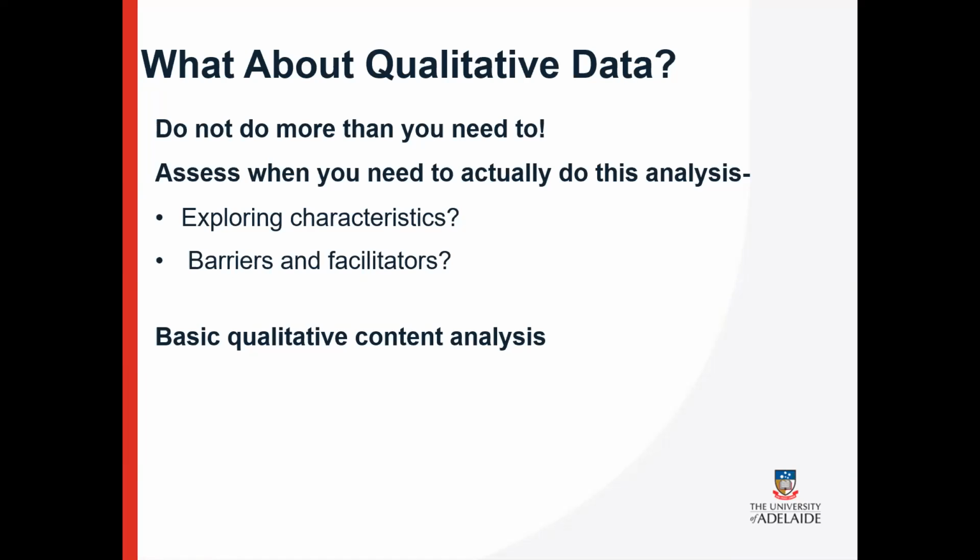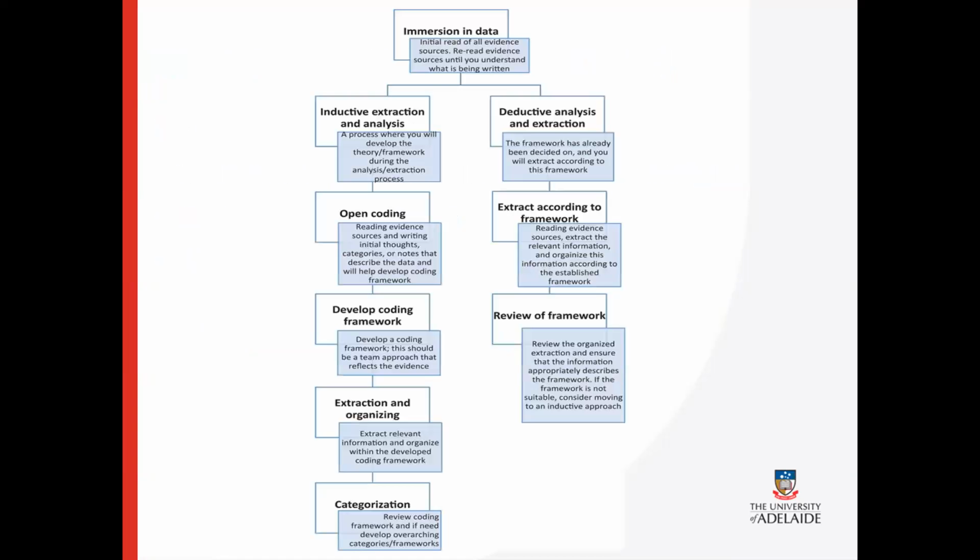So this type of approach does not need to be undertaken at all if you don't need to undertake it. But if you're, say, trying to explore characteristics, or if you're trying to explore barriers and facilitators, then you're probably going to use some element of a basic qualitative content analysis approach here. So this is what we suggest you can do.